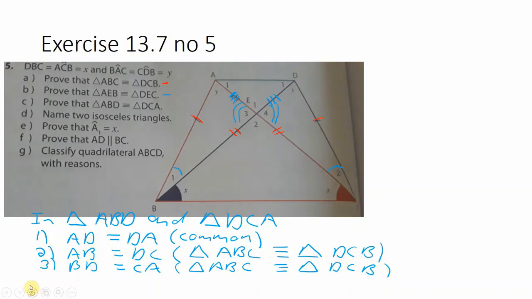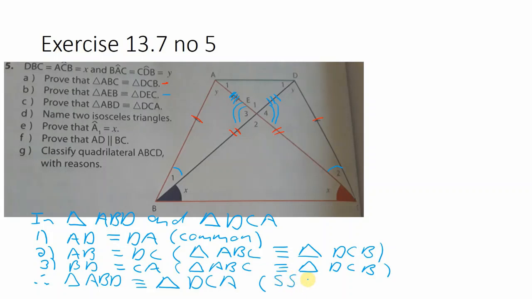So now we are ready for our conclusion. Therefore we can safely say that triangle ABD is congruent to triangle DCA, and when it comes to reasoning, it is in fact three sides.